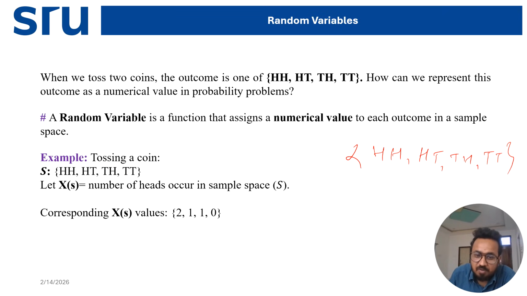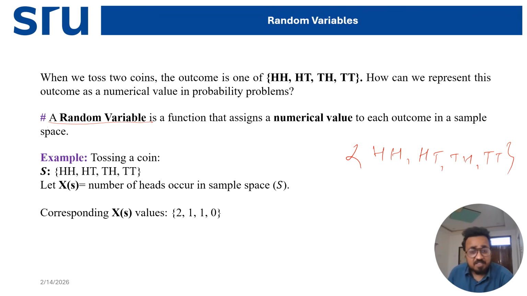But in probability and statistics, we prefer to work with numbers because we find the probability, we calculate the mean and variance, we perform mathematical operations. So naturally there is a question: how do we convert these outcomes into numerical values? This requirement leads us to the concept of random variable.